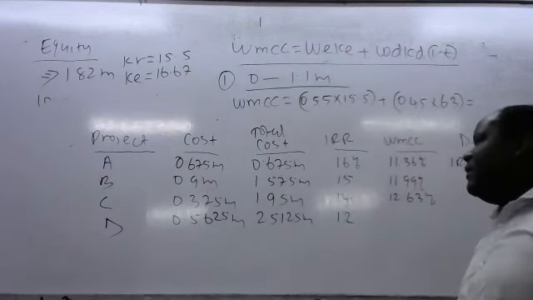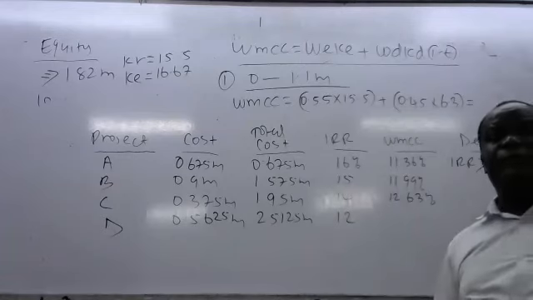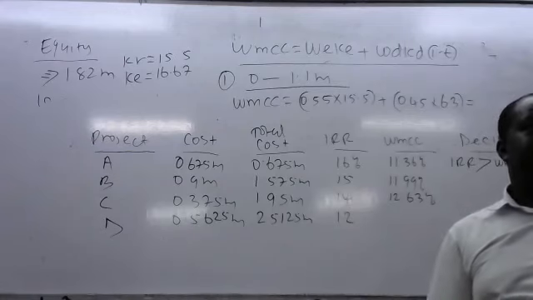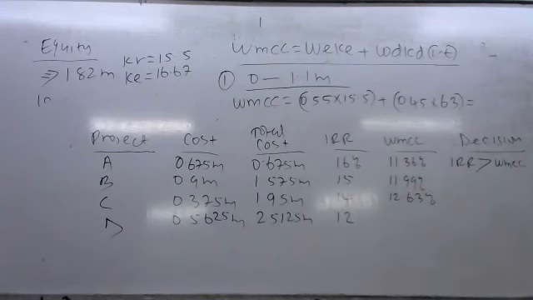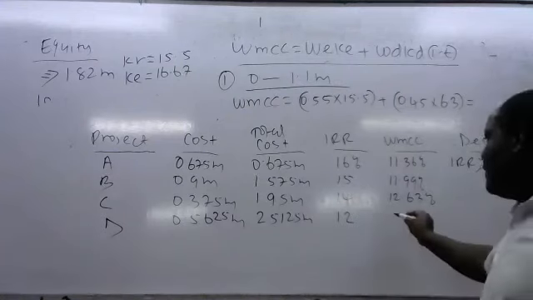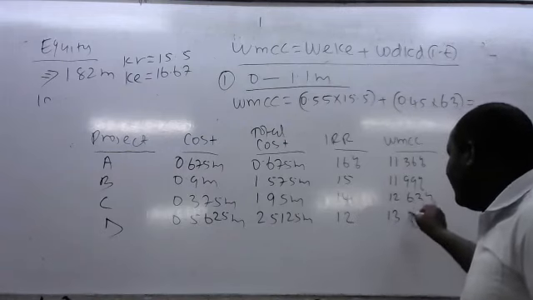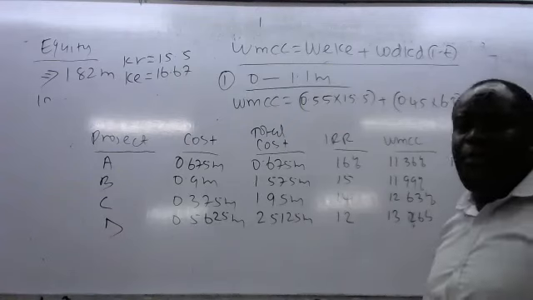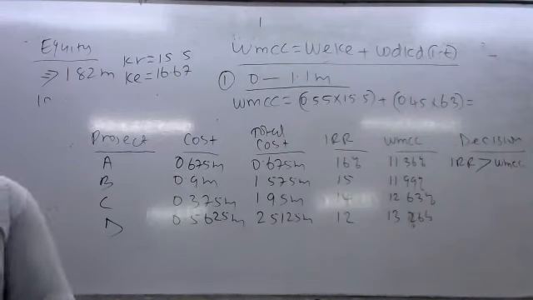The 2.5125 is the one above 2 million up to 3 point something. So what was the WMCC for that range? It is 13.26. So this one will be rejected. Project D is rejected.